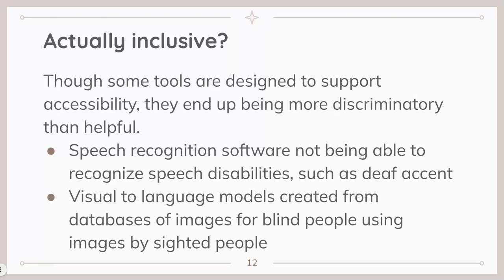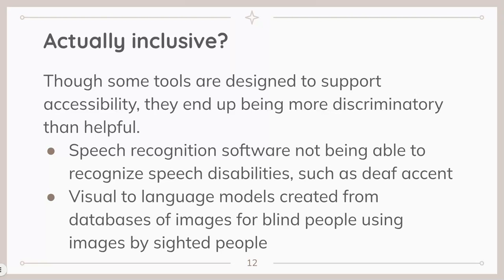A lot of these tools are designed to support accessibility, but they end up actually being more discriminatory than helpful. So one example is speech recognition software doesn't always work for people that have speech disabilities, such as the deaf accent. So it's a really great tool, but it's not helpful if the software doesn't pick up everyone's voice and speech patterns.